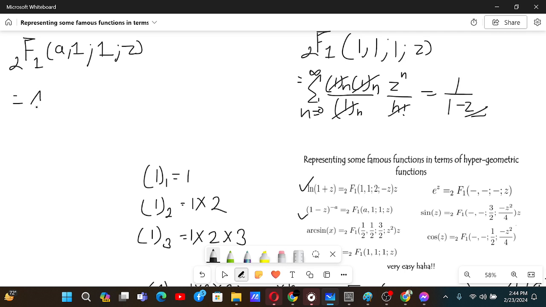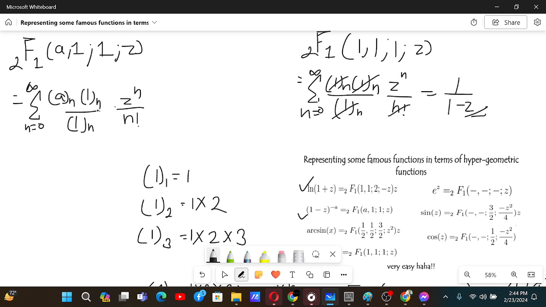This can be written as the sum going from n equals 0 to infinity of a base n and 1 base n by 1 base n, g to the power n by n factorial.